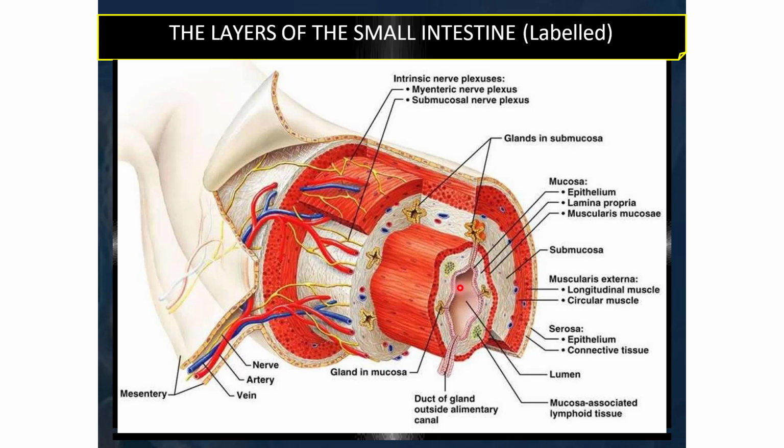Towards the lumen is the mucosa, and mucosa has the lining epithelium, lamina propria, and the muscularis mucosae, and then outer covering is the submucosa, and then more outer is the circular layer, and more outer is the longitudinal layer, and outermost is the peritoneal lining, the mesothelial lining, which covers. So that is how is the arrangement.